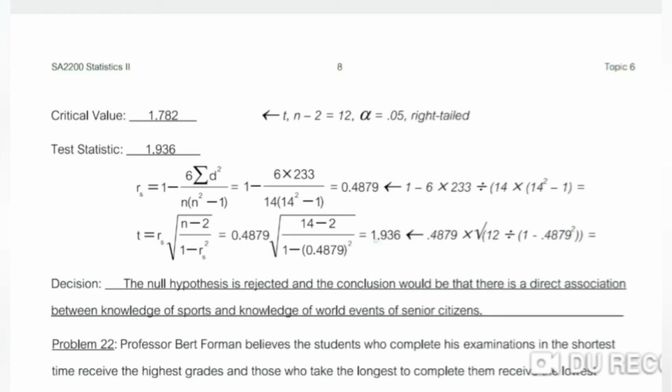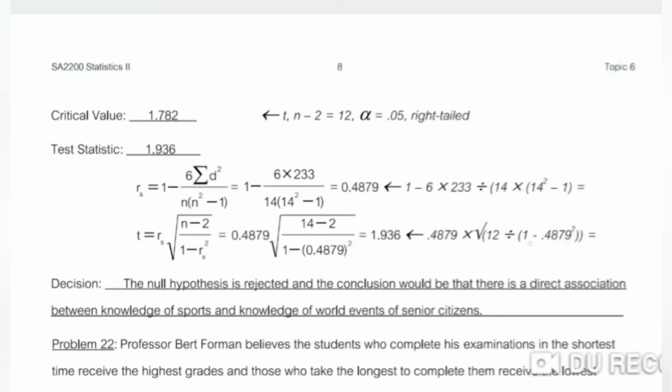Round off correctly. Okay, how to compute? I show how to compute by calculator on the right of the arrow: 0.4879 times square root of 14 minus 2, which is 12. Oh, the whole bracket. You write the denominator in the whole bracket: 1 minus 0.4879 square.